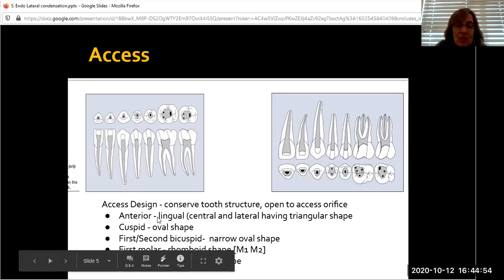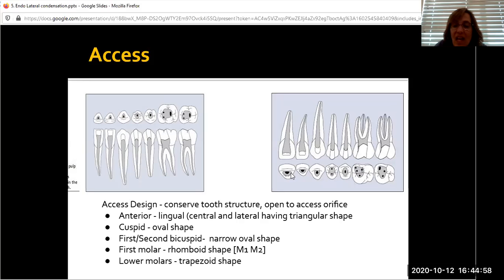Therefore, the anterior teeth here in the front need to have a triangular shape. When you come to the cuspid, it becomes an ovoid that is not necessarily a thin ovoid, but enough that you will be able to remove the quite large pulp that cuspids have.